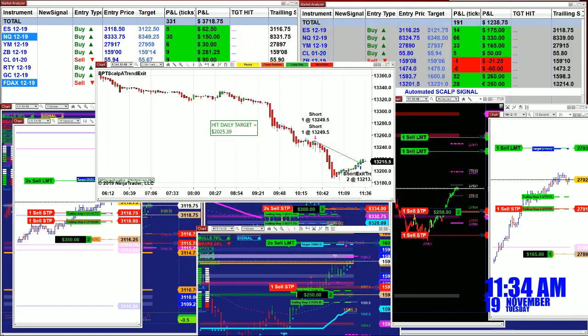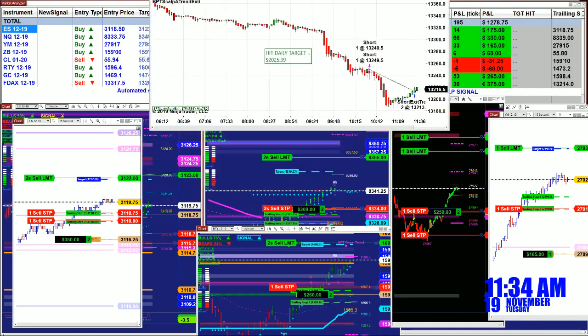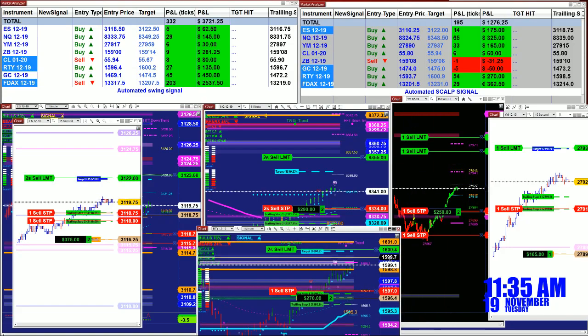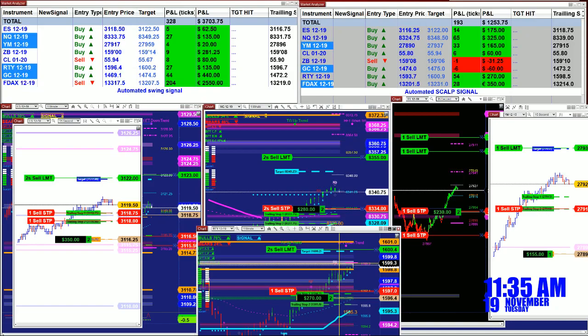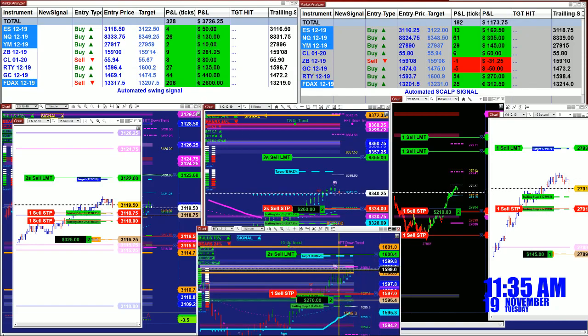Fine, fair enough. There is a resistance line on the Russell, 59.3. Seems like it's struggling with that resistance line.